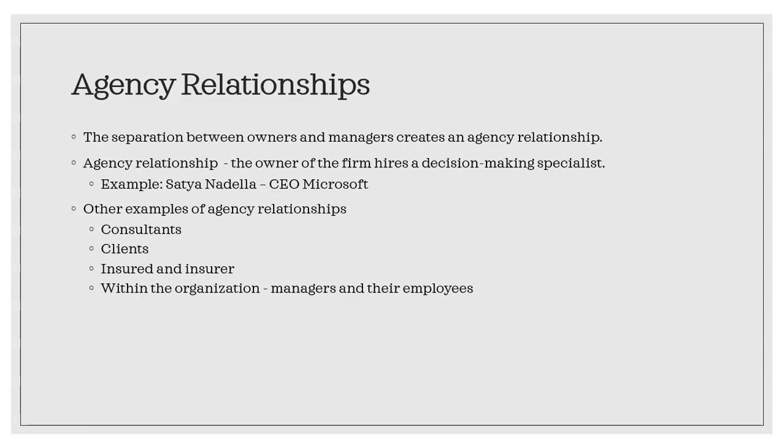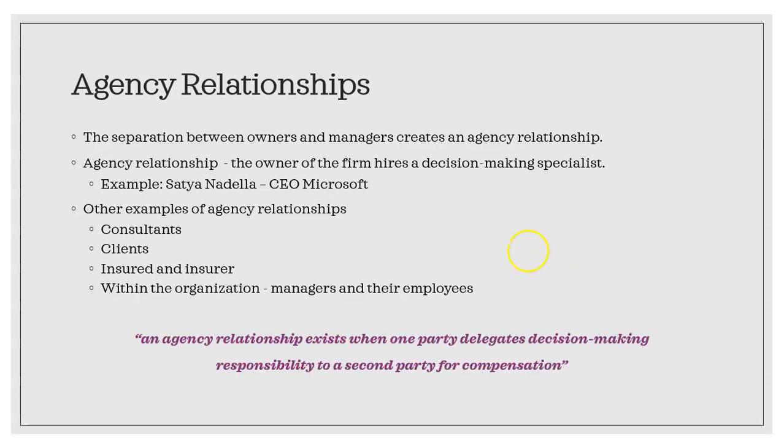So it's important for you to understand that the agency relationship means that the owner of the organization has a relationship with the person that manages the organization. So an agency relationship exists when one party delegates decision-making responsibility to a second party for compensation.